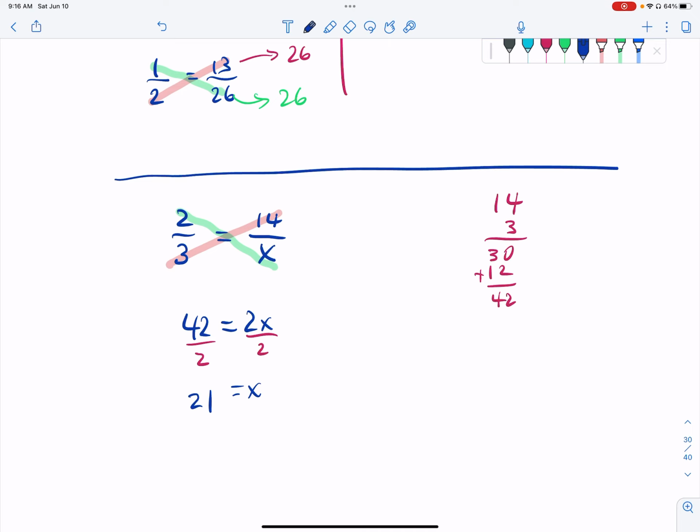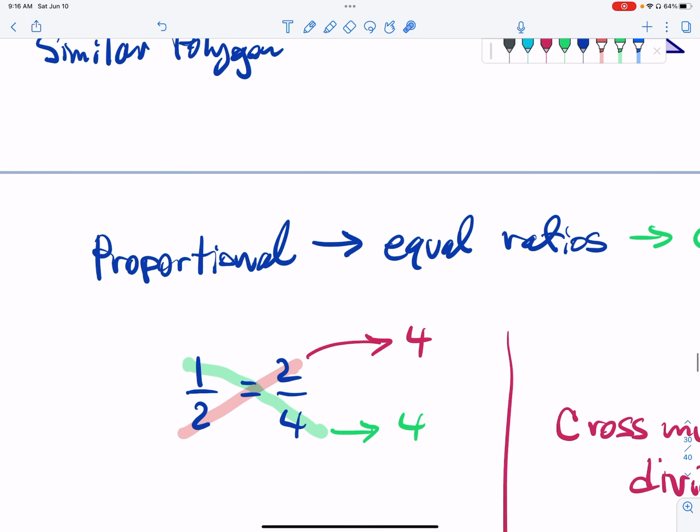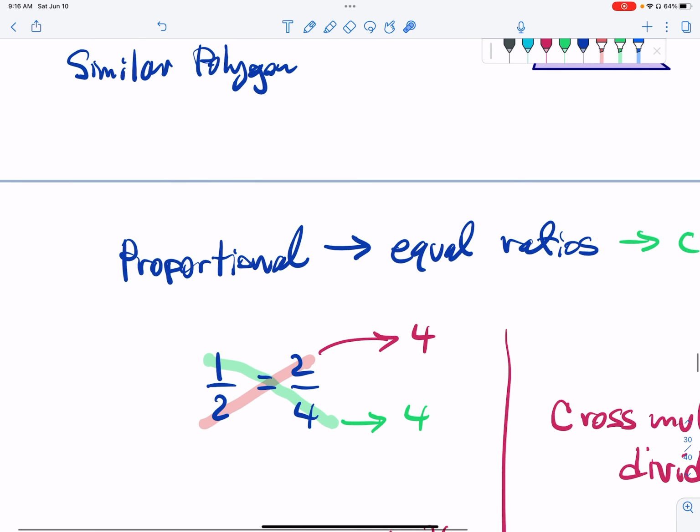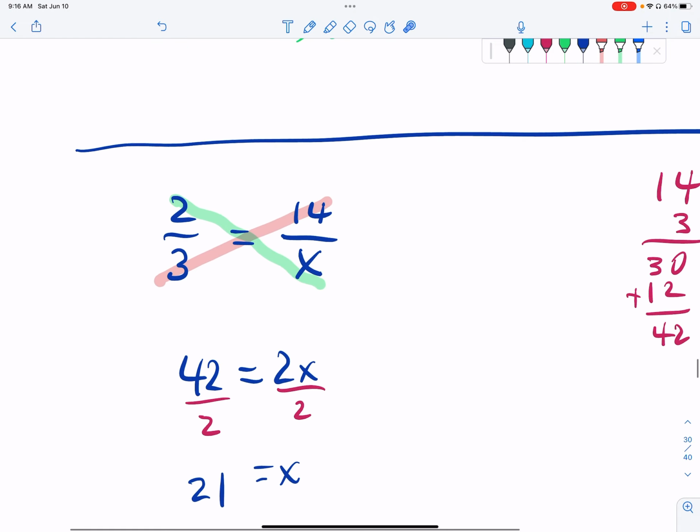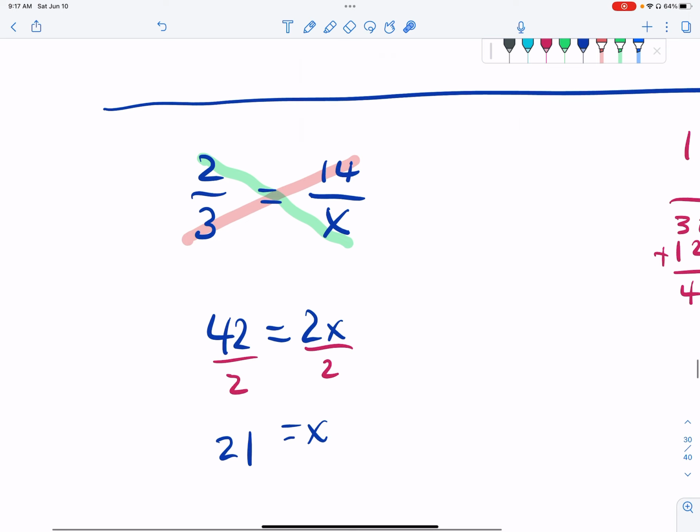Now, sometimes you can take a shortcut in solving proportions, because remember what we said is that proportions are just basically equal ratios. So if you can make the fractions the same fraction, then you basically have solved your proportion. So if I look at this example, 2 over 3, if I can just scale up this fraction so that 14 is the number that's on top, I would automatically get the number that's on the bottom. And I can do that without cross multiplying by just going, what do I have to multiply 2 by to get 14?